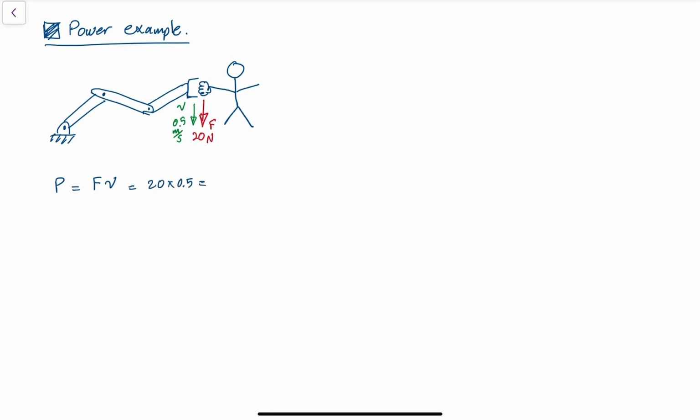Roughly I need 10 watts of power at my end effector. So that's very good, because now I know what size of energy systems I'm dealing with. So I can have a rough idea of my motor selection.